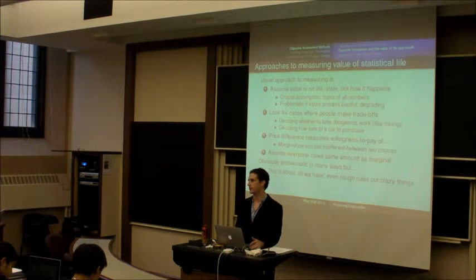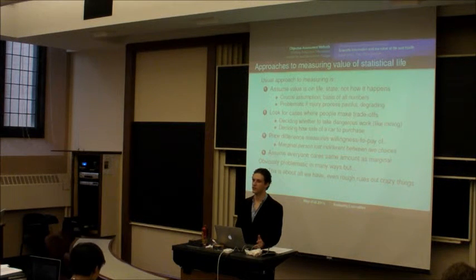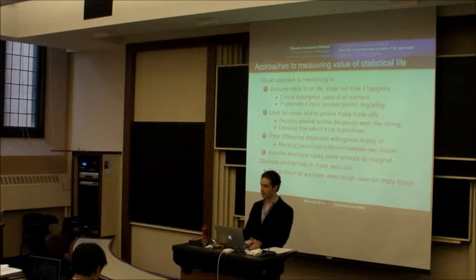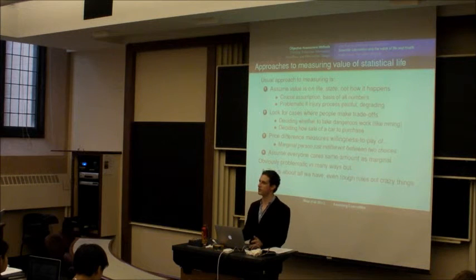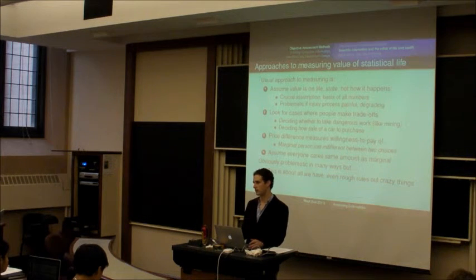The numbers I'm going to show you are on the order of about $5 or $6 million for someone who makes maybe $50,000 a year, and that is probably about right. So it's probably somewhere between $1 and $10 million. It's probably not exactly $5 or $6 million. But at least this gives you some sense of the order of magnitude of how much people value their lives.